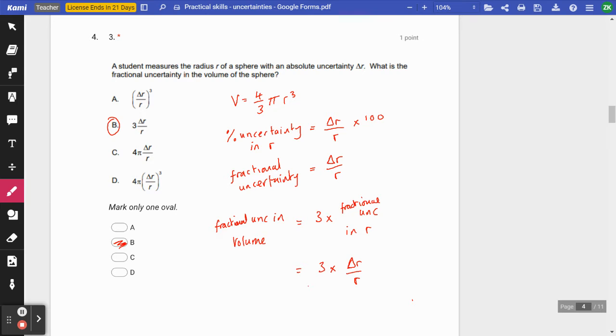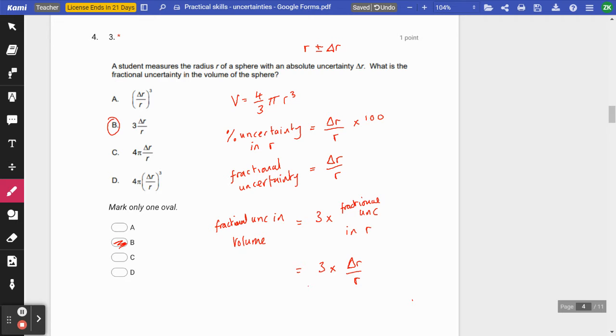So if we wanted to write it out, that could have been a number, right? Normally that would be a value, let's say 3 centimeters plus or minus, let's say 0.2 centimeters, but they haven't given that. They've given it in this form.